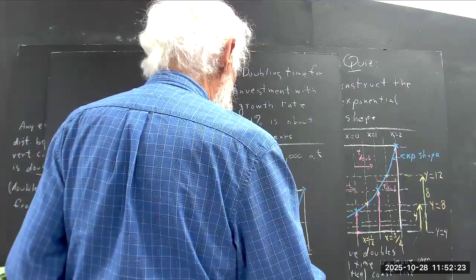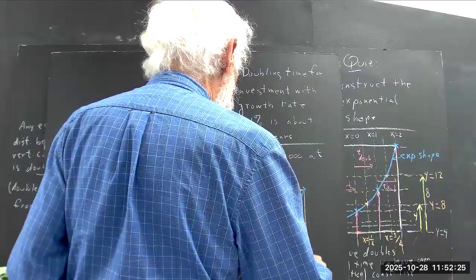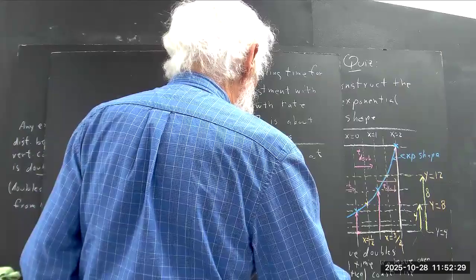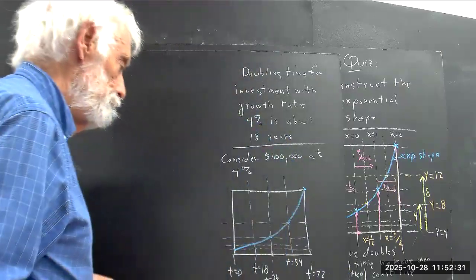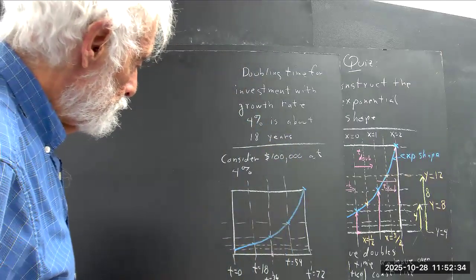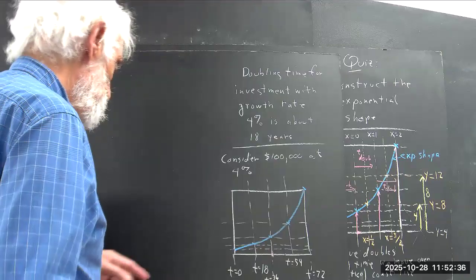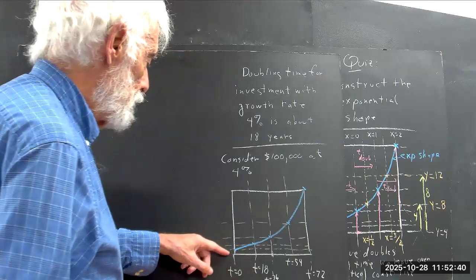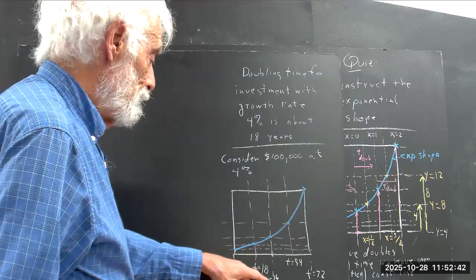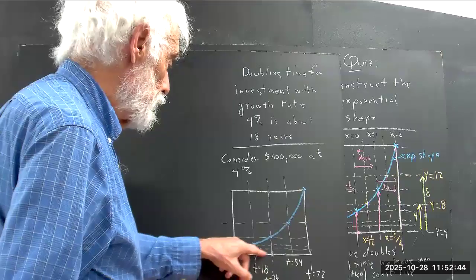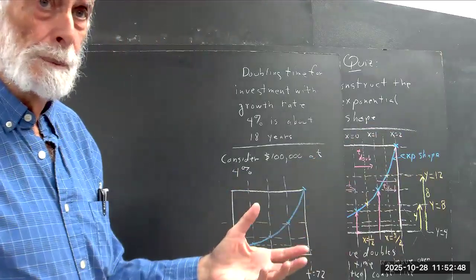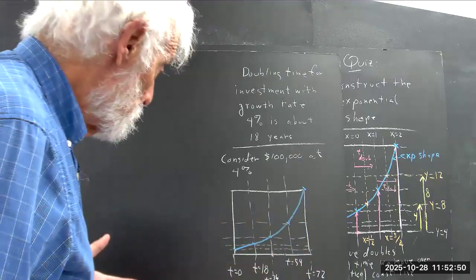And then t equals 54, and t equals 72. Now, from t equals 0 to t equals 18, the y value doubles. From 18 to 36, it doubles again, just like in the previous graphs. Is that clear? Does that make sense?